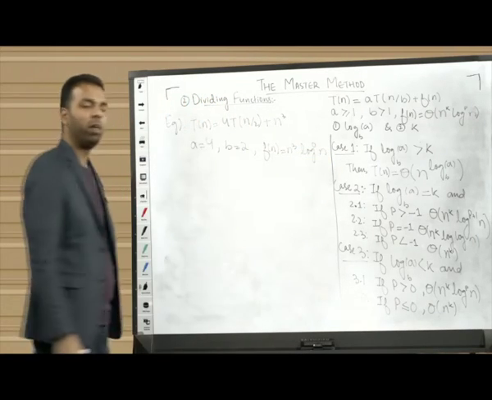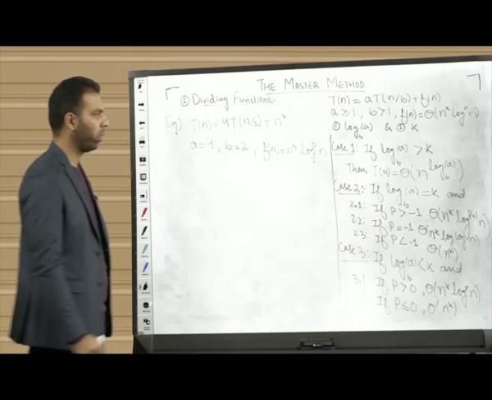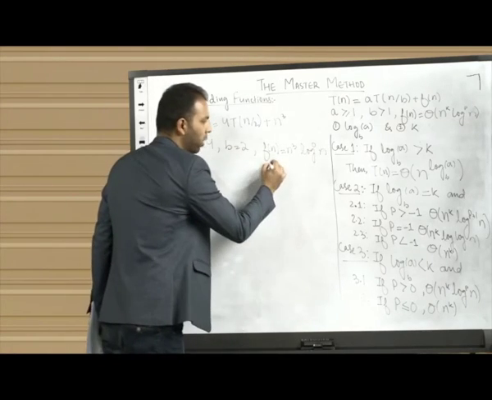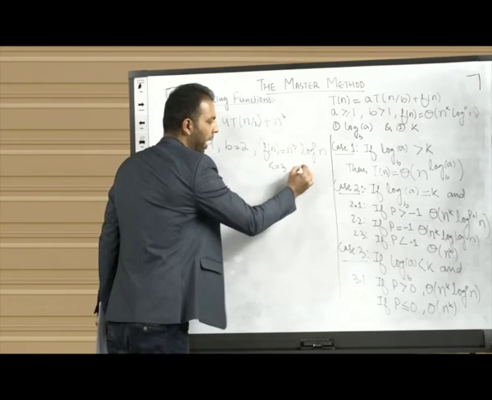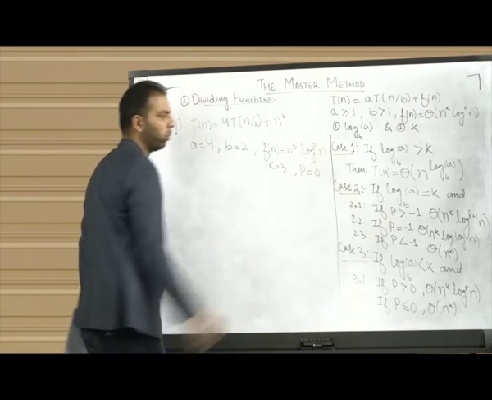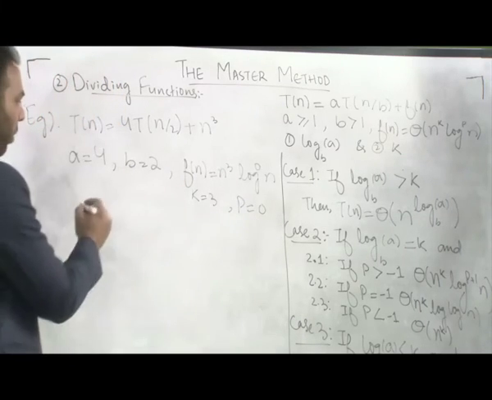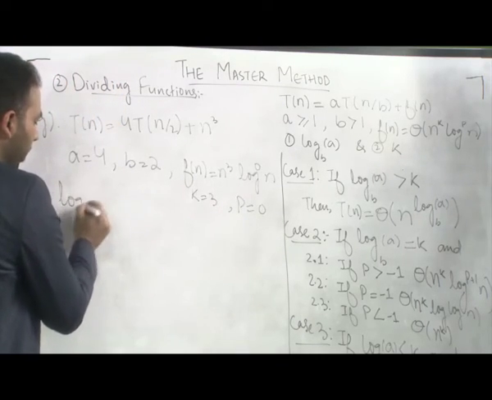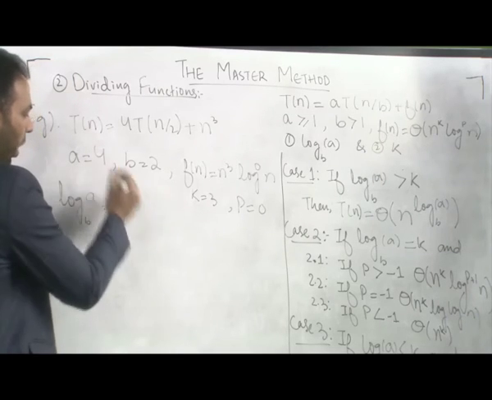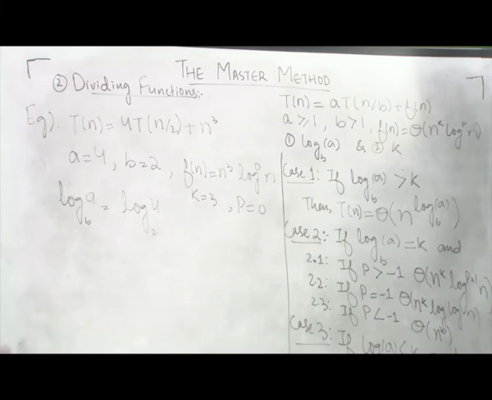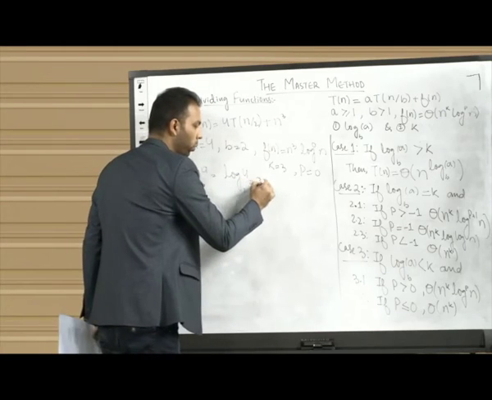Why? Because we don't have any log term there, so we can say log raised to the power 0. So k is equal to 3 and p is equal to 0. Again, we start from log a to the base b. Log 4 to the base 2 is 2.